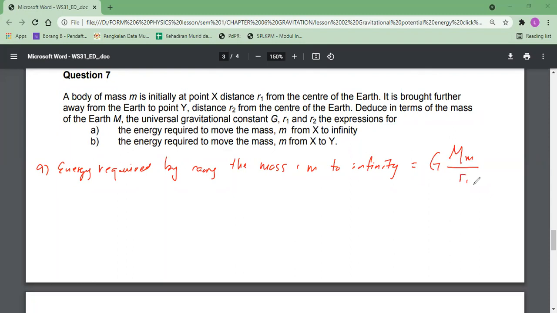Okay, from infinity, that means here we find the gravitational potential. So the energy required to move the mass from x to y, that means we find the change in gravitational potential energy.